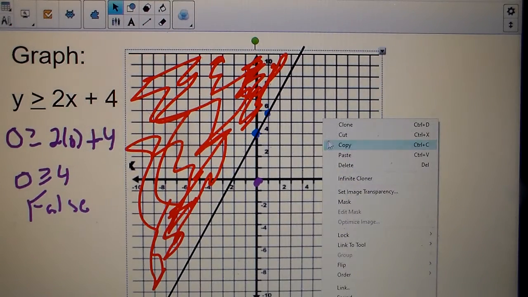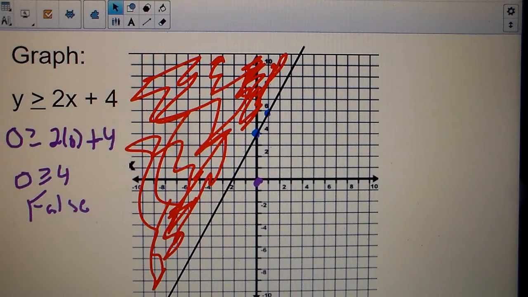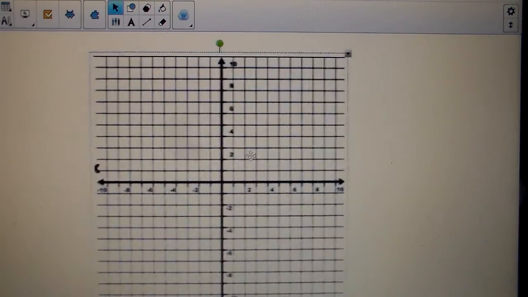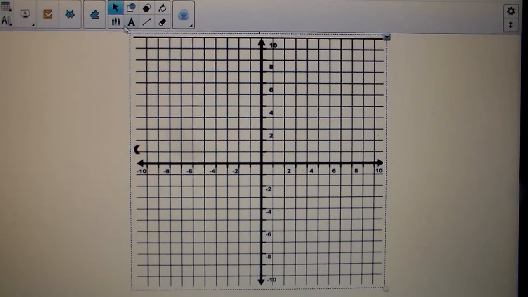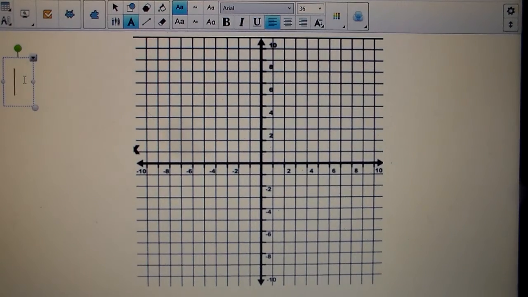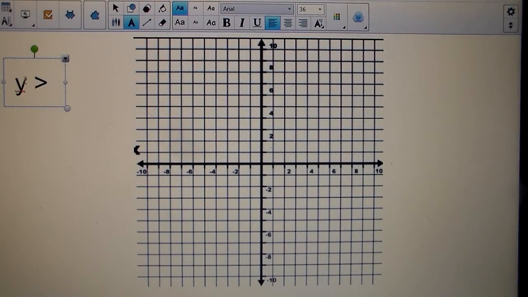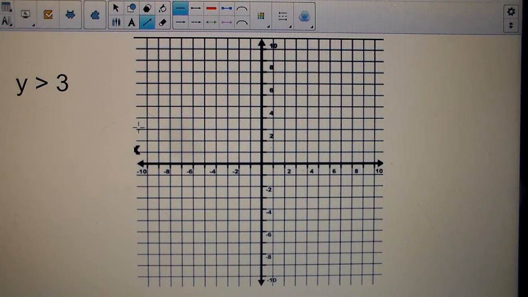And another thing we need to practice, make sure I put it in the notes, is if we have an equation of y is greater than 3. So if we have y is greater than 3, we know we have to make a horizontal line at positive 3, like we said here in our black line.